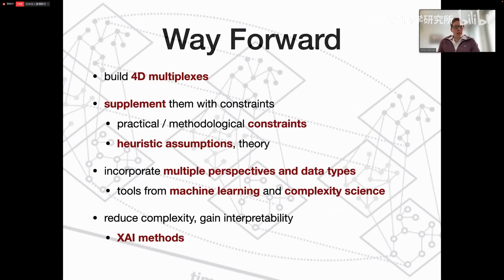They can incorporate multiple perspectives and data types, and this can be achieved by drawing on tools from machine learning and complexity science. Finally, to reduce complexity and gain interpretability, we may draw on XAI methods.